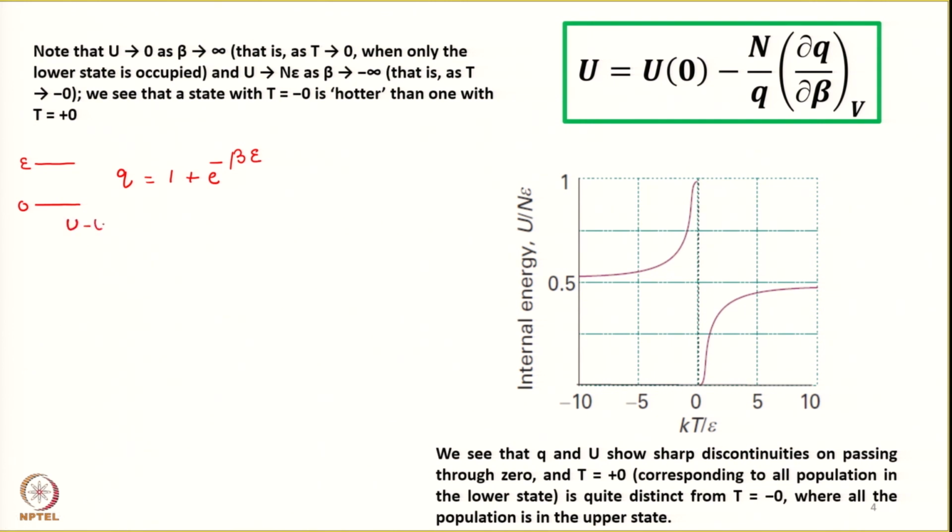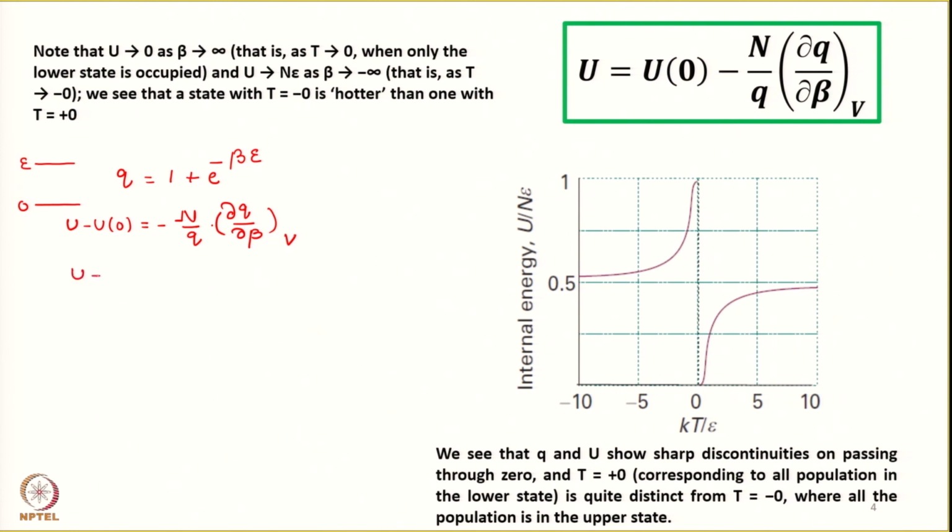U minus U0 will be equal to minus N by Q del Q by del beta at constant volume, that we know.